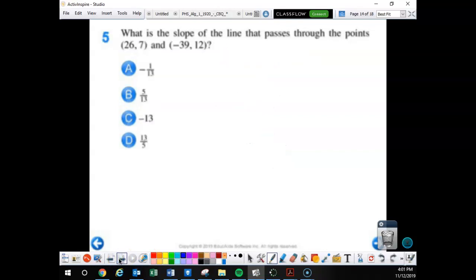Okay, number 5. What is the slope of the line that passes through the points (26, 7) and (39, 12)? So again, slope formula, m equals y2 minus y1 over x2 minus x1. So this is x2 and y2, this is x1 and y1.